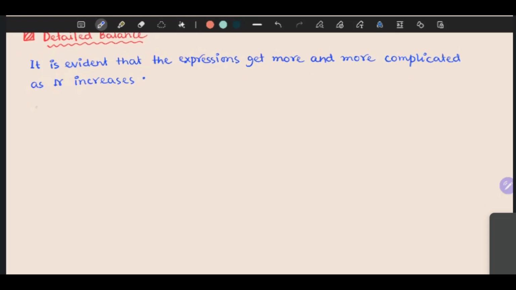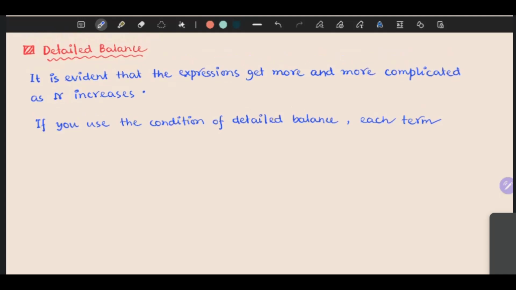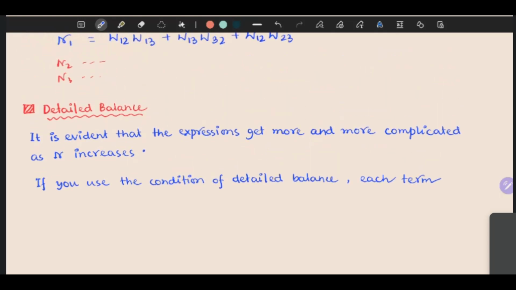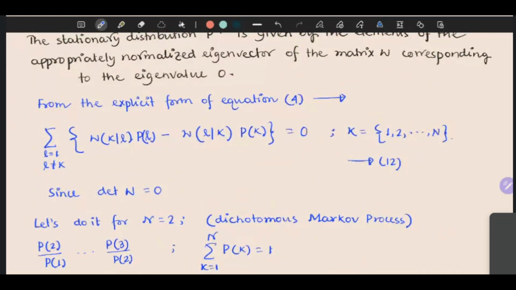So now if you use the condition of detailed balance, then each term in this equation will vanish.